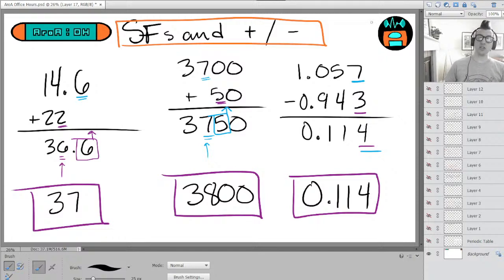All right. So those are the rules for addition and subtraction. You look at the position, the place value of the last significant digit in the number, and you have to round your answer so that it reflects that precision. All right.